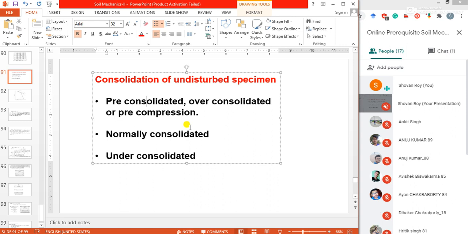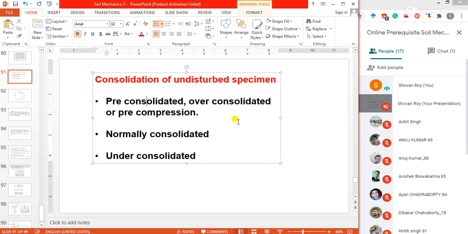So normally consolidated soil is a soil that is taking its maximum load at present. Earlier the soil had taken lower than its present load, but in the present situation the soil is taking its maximum load. That kind of situation is called the normally consolidated condition.